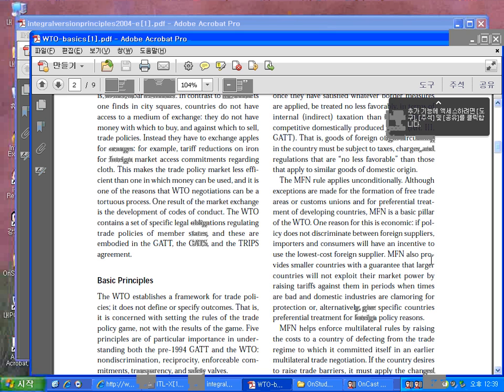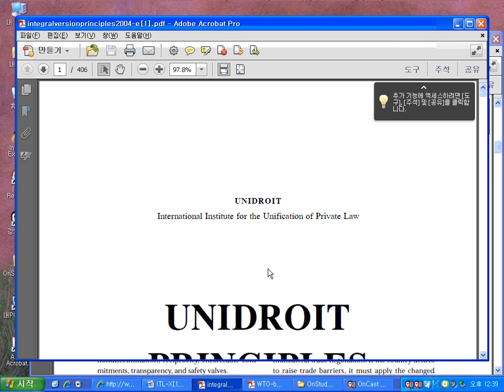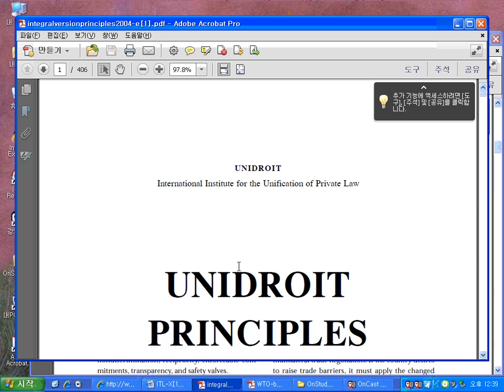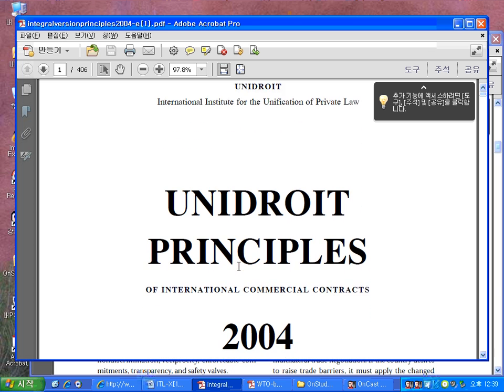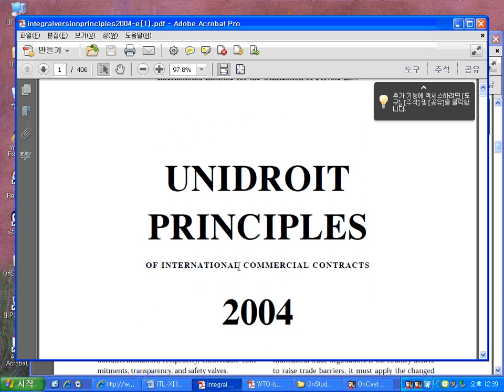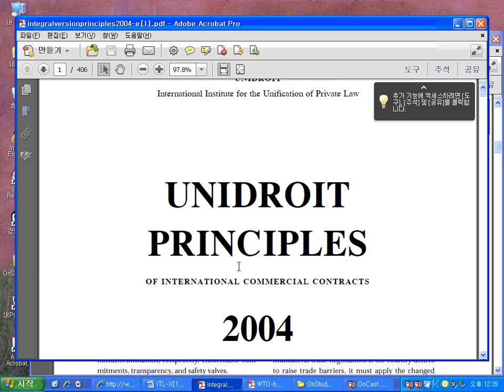In contrast, you can see the UNIDROIT principles, the International Institute for the Unification of Private Law. It is an organ administered within the context of the United Nations, and is part of the organizations, with the UNIDROIT principles.